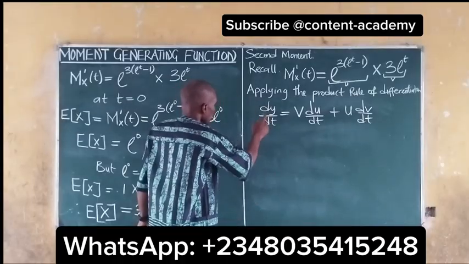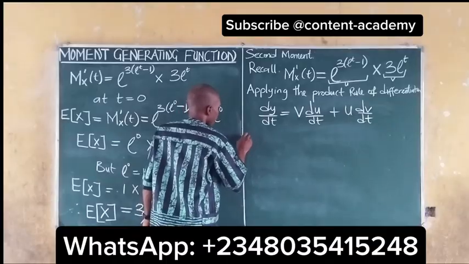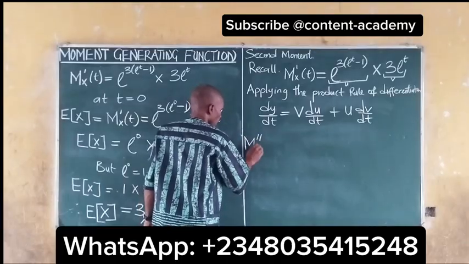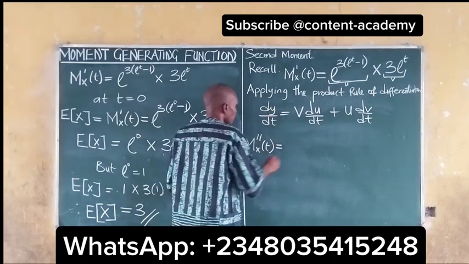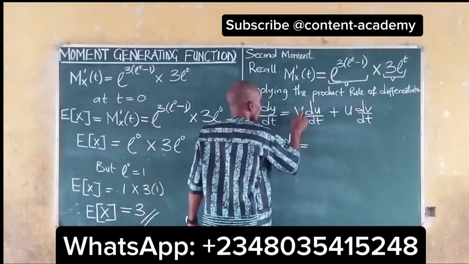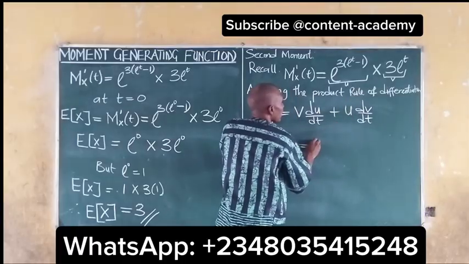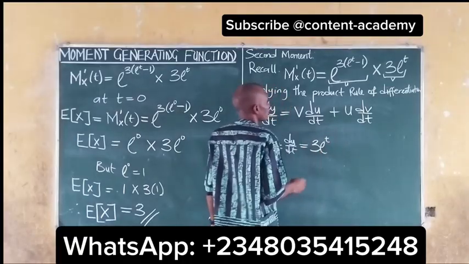Now, this we have written here is the same thing as our second moment, which is equal to the same thing, but dy/dt equal to v du/dt. Now we bring down v. V is this, so we write 3e^t.